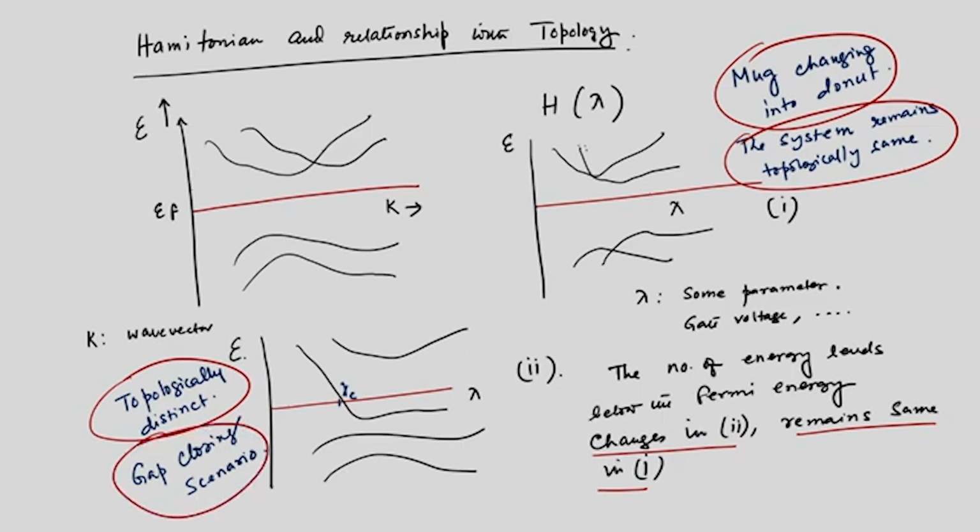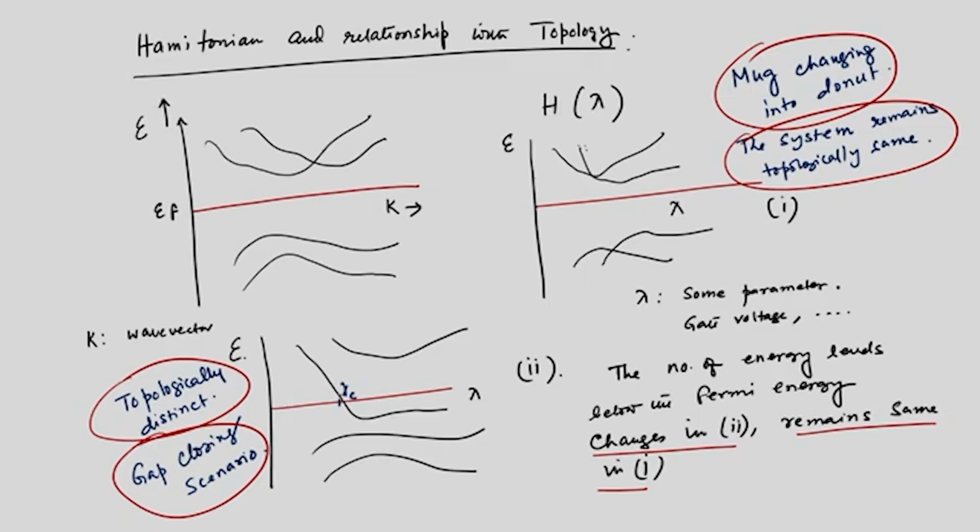Okay. So, I hope that if you read more, of course, you will agree with me more, but I hope I have been able to give you this analogy between topology and condensed matter physics, that this is how you slowly deform a system, and if the system remains invariant, like becoming a donut, then they are topologically equivalent, which is further corroborated by the Gauss-Bonnet theorem, whereas in this system you have to make some drastic changes, and in the language of condensed matter physics, it means that a gap closing occurs.